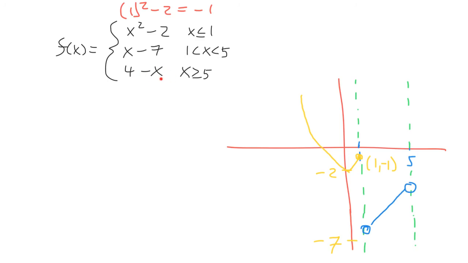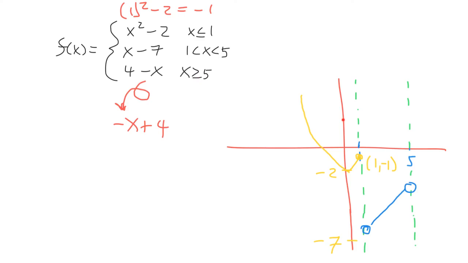Now, as far as the third line goes, I would say the best way to rewrite that is to flip it around. So it's -x plus 4, because this is annoying looking. We're going to want to flip that around so it looks a little bit more like what we're used to. That's a -1 over 1 slope times x plus a y-intercept of 4, so it's a negative slope. So it would start up here somewhere and go down, but it wouldn't start until x is greater than 5.